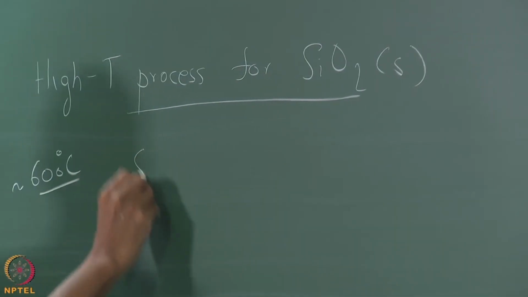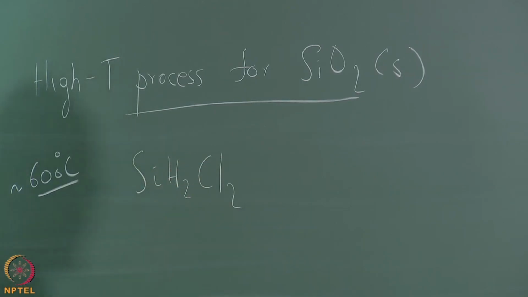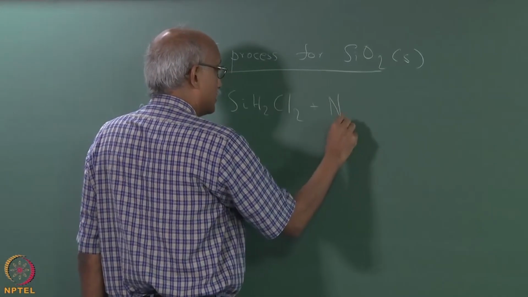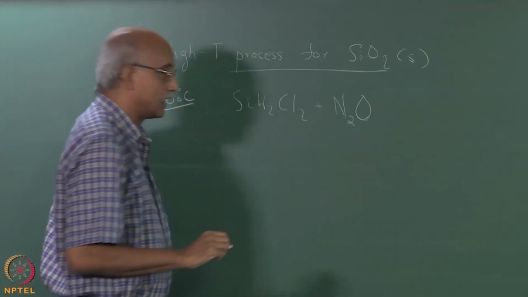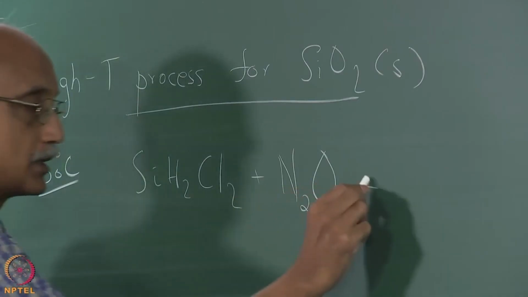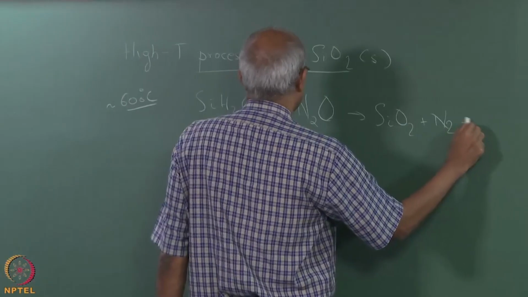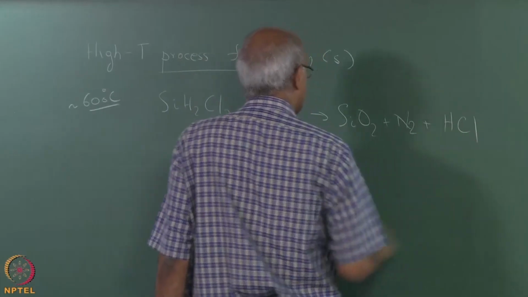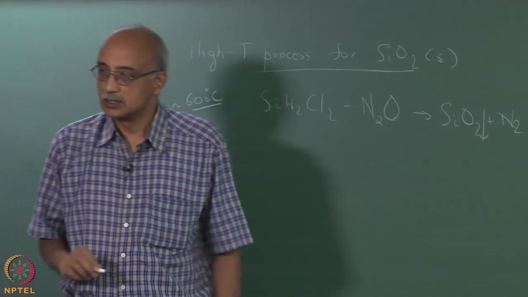So, you do this by taking SiH2Cl2 and you react it with N2O, nitrous oxide, to get SiO2 plus N2 plus HCl, where SiO2 is the deposit.